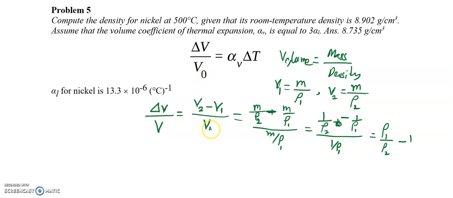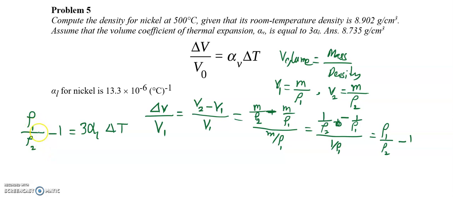In this case I have said the original volume is V1, so it's the same. So this equation I can represent as rho 1 over rho 2 minus 1 is equal to alpha V, the coefficient of volumetric expansion, which is equal to 3 times the coefficient of linear expansion. So anyway, 3 times alpha L times delta T.